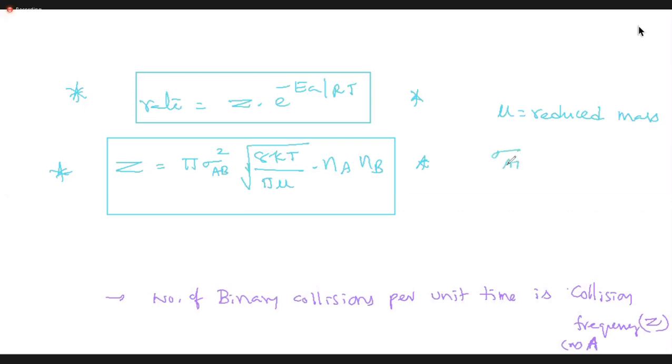Sigma AB is called collision diameter. T is temperature, K is the Boltzmann constant, pi is 22/7. Na is the number of reactant A molecules, Nb is the number of B molecules. You won't get any problem. They may ask you which is the correct form.